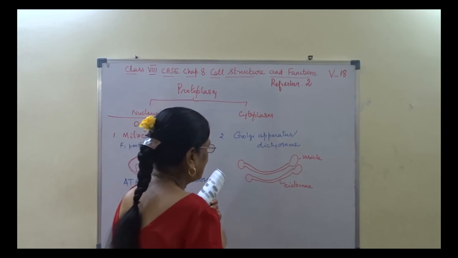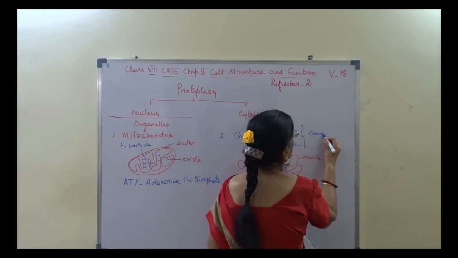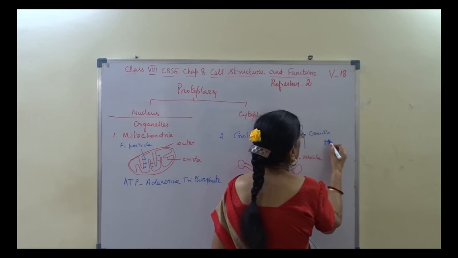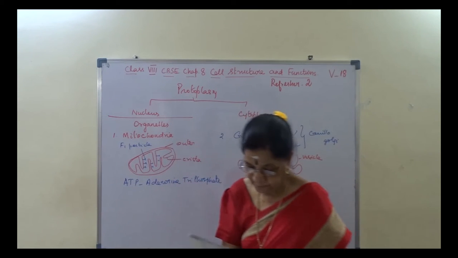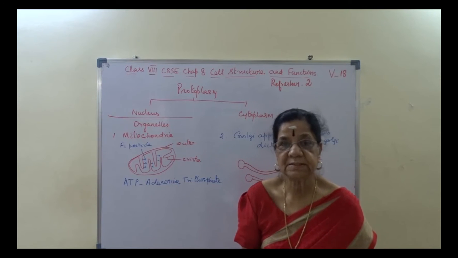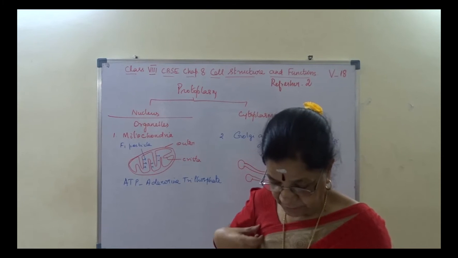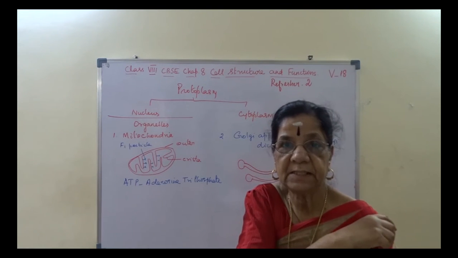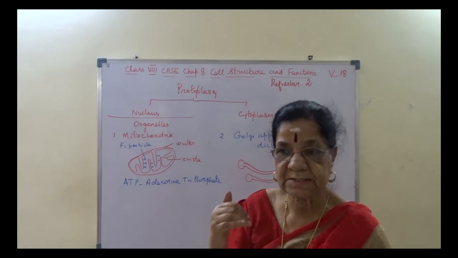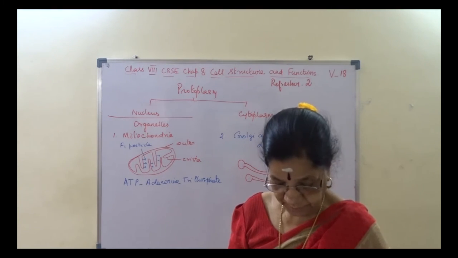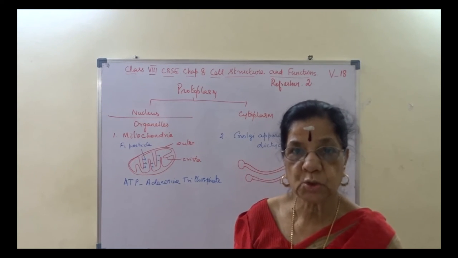The Golgi complex is a collection of Golgi bodies with flattened sac-like compartments arranged in stacks, one above the other. This apparatus was first discovered by Camillo Golgi.